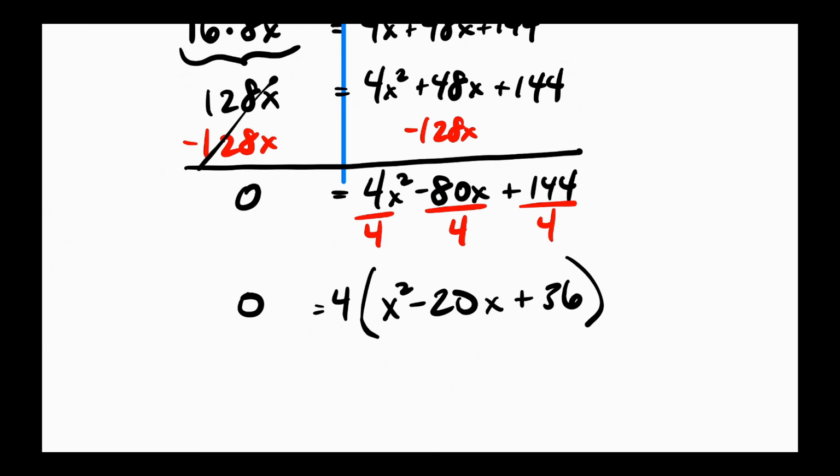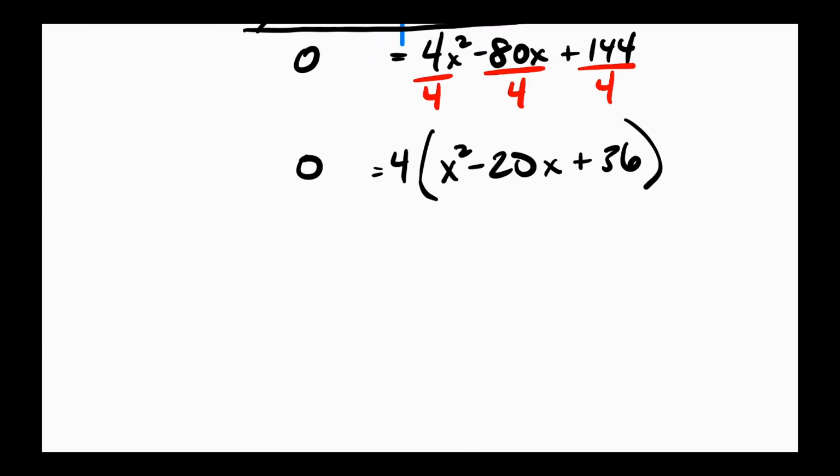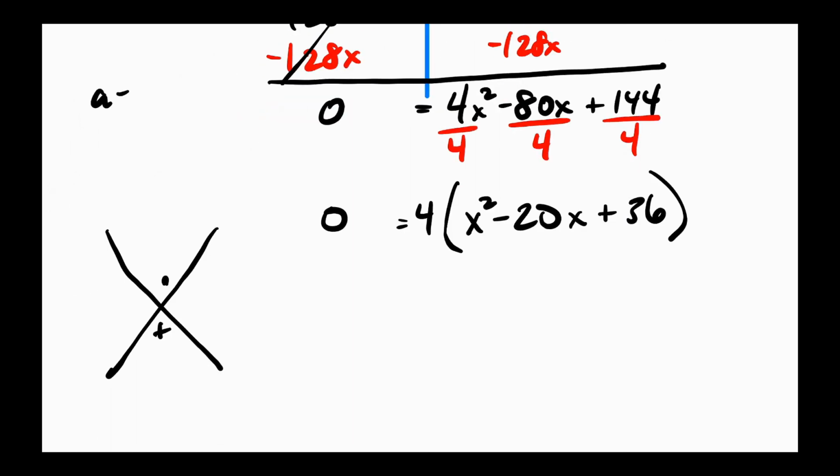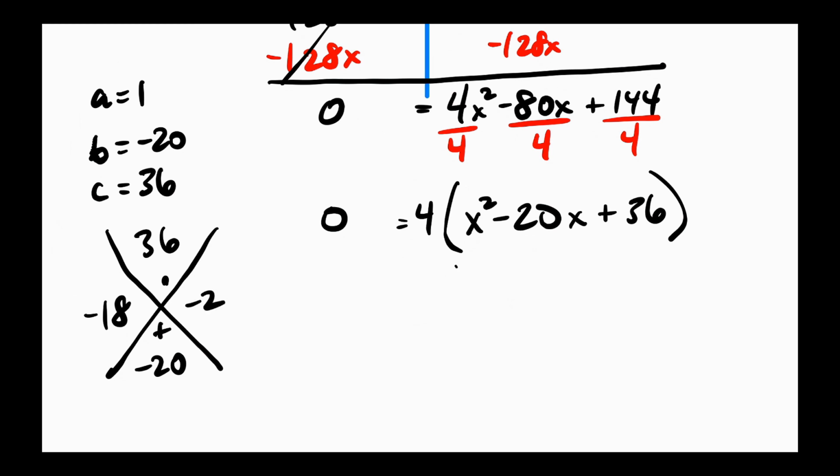So now I can do ABC. So A is 1. B is negative 20. C is 36. So multiplies to be 36, adds up to be negative 20. There you go. Negative 18 and negative 2.